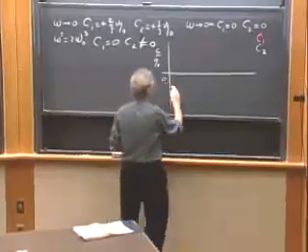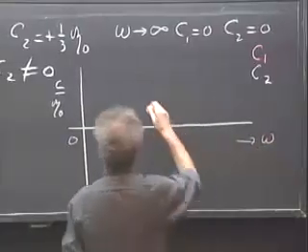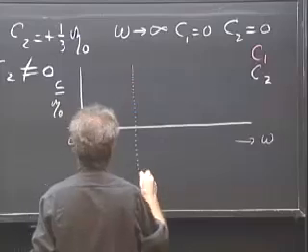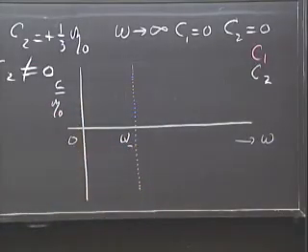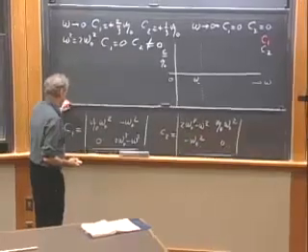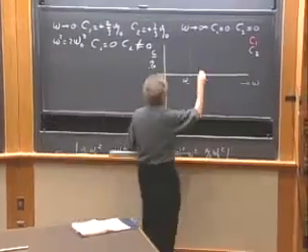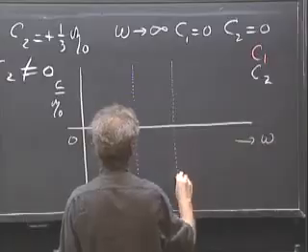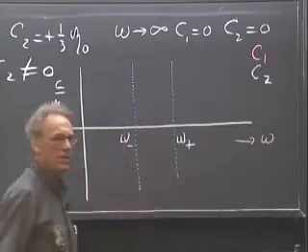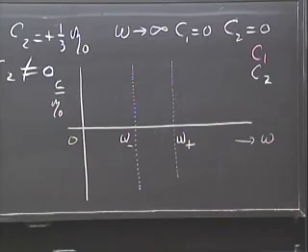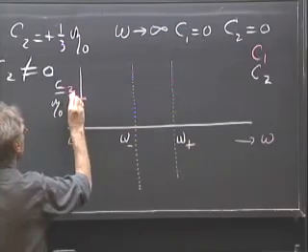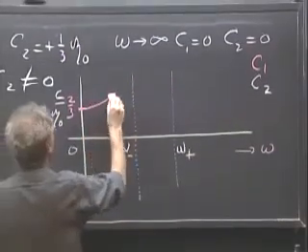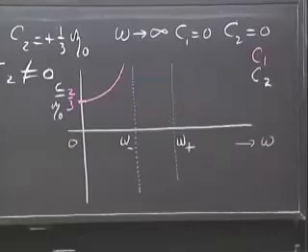So here is 0 omega. Here is omega 0, which is my omega minus, and then my omega plus was at the square root of 3, so that's about 1.7. So here is my omega plus, and then things go nuts. That is when d goes to 0. So C1 is 2/3 here, and then it goes to infinity there.